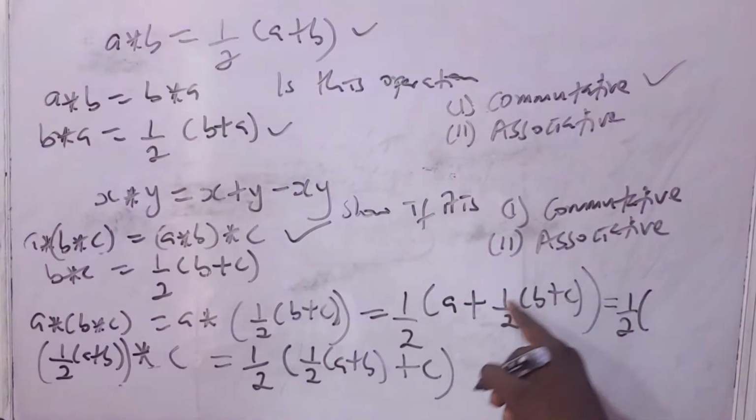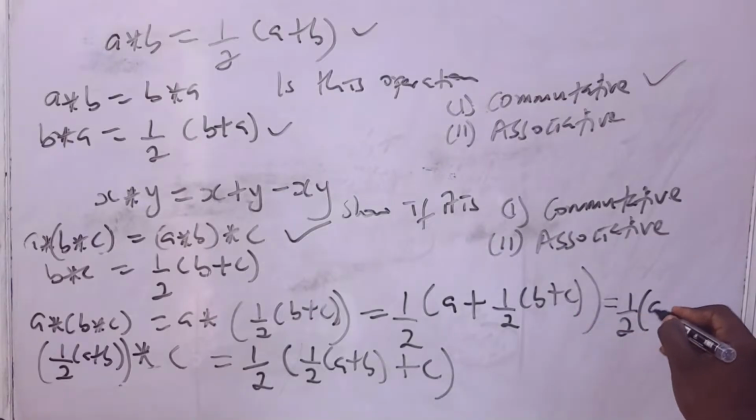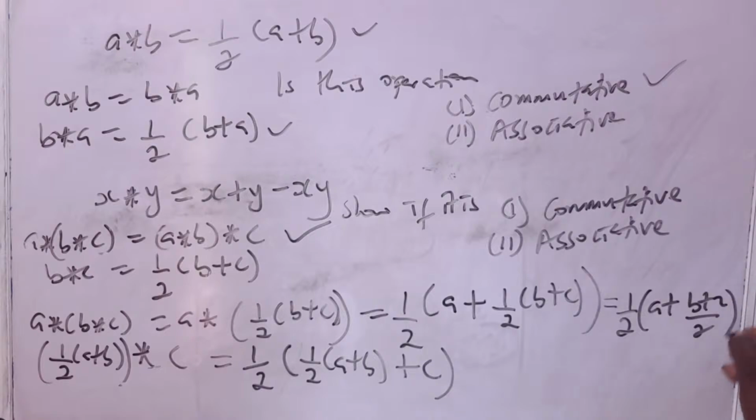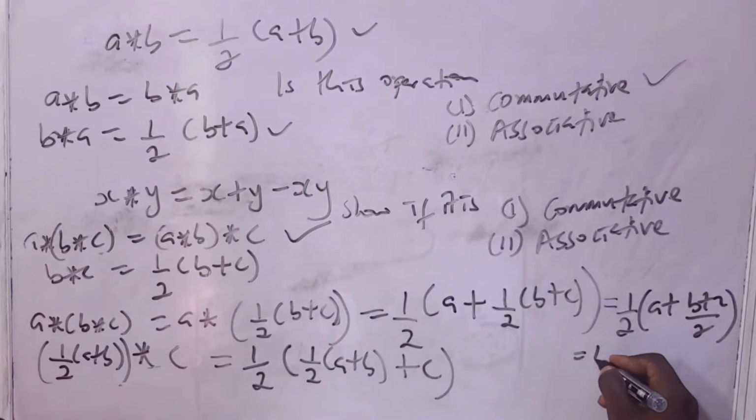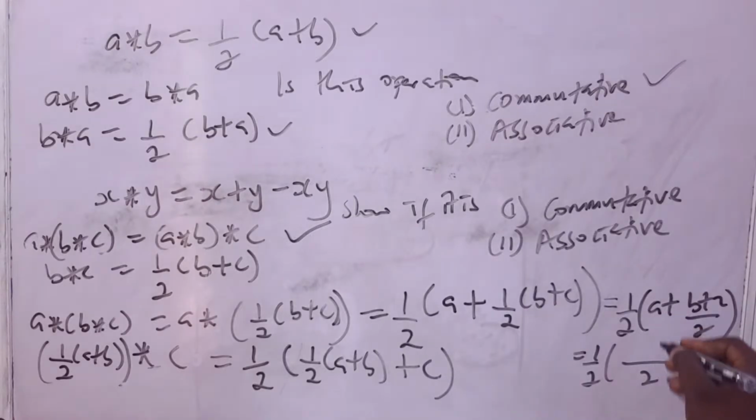So let's try and get this. This will be (a plus b) plus c over 2, all right, and this will be equals to 1 over 2. We have to find the LCM. The LCM being 2, we'll be having 2 times (a plus b) plus c. I'm finding LCM. That's all I'm doing here. There's nothing I'm doing different.